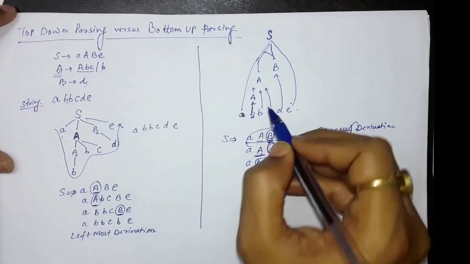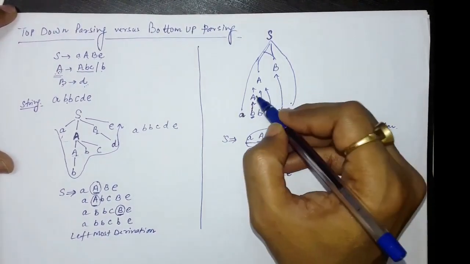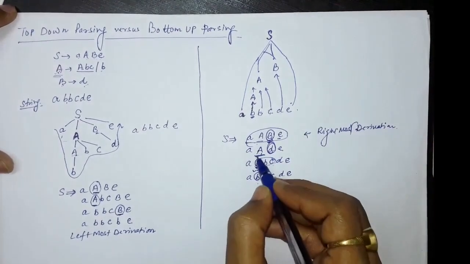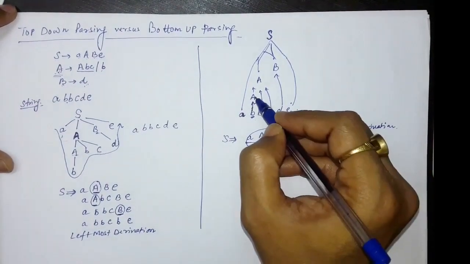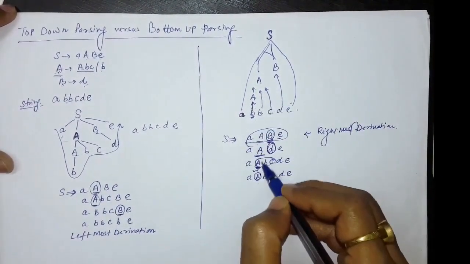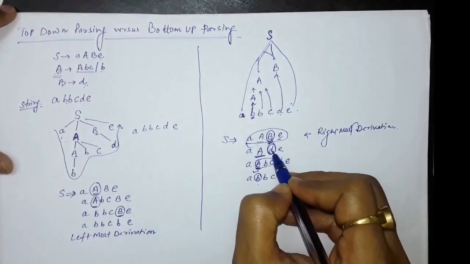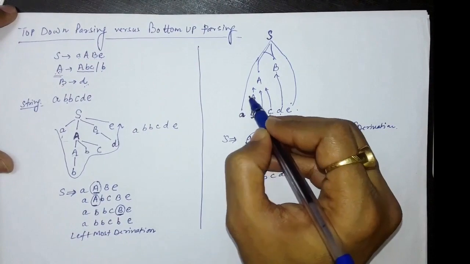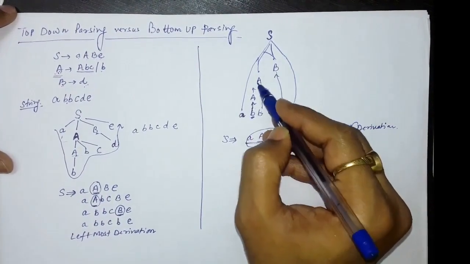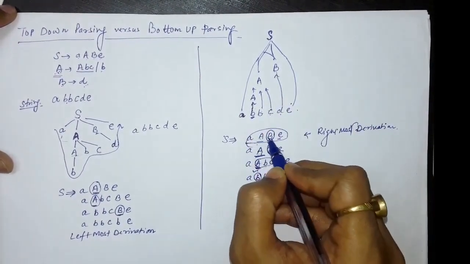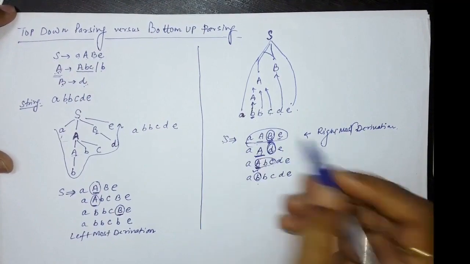So this is done in the same manner as what we have done here. First is A produces b. Next is A produces ABC. Next is B produces d. Next is S produces small a, capital B, E. Small a, capital B, E is reduced to the start symbol.